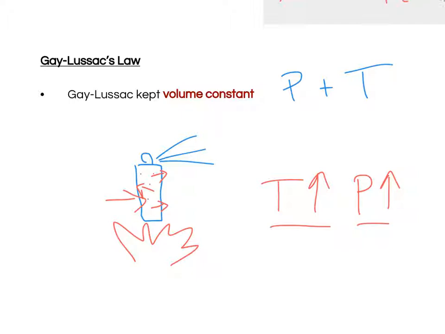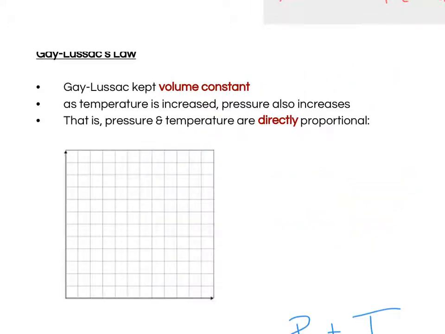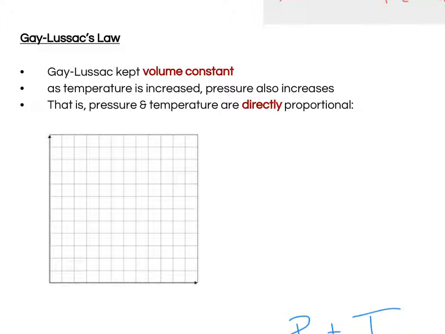Let's explore this a little bit more. Gay-Lussac kept volume constant and tried to see what the relationship was between pressure and temperature. If temperature and pressure are directly proportional, then we should be able to see a linear relationship when we plot pressure versus temperature on a graph.